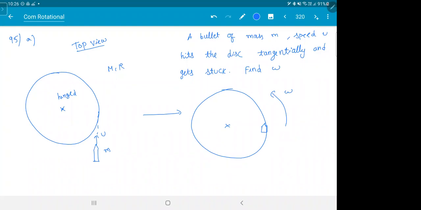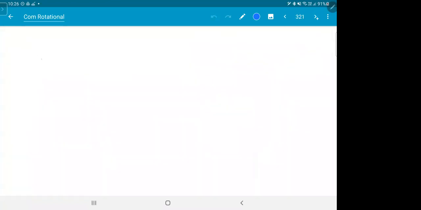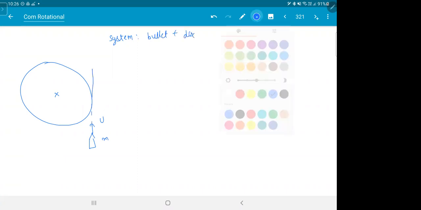Show you. See. Initially, when the bullet is coming here, mass m, speed u, you're taking torque about the hinge. So what is the system here? System is bullet plus disc. So what is the perpendicular distance?